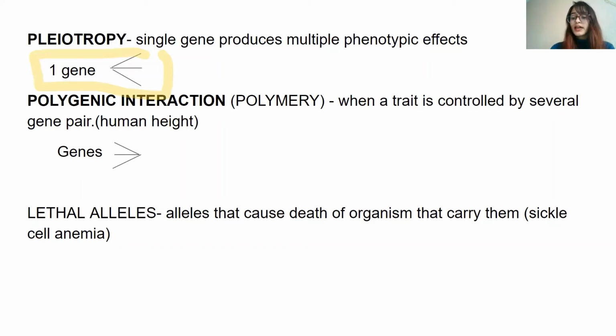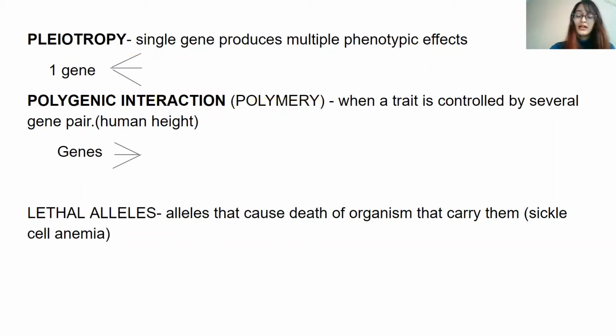And polygenic interaction, or how it is mentioned in Krok, polymery, the name itself suggests polygenic. Many genes control the expression of a trait. And lethal alleles cause the death of the organism that carries them, like sickle cell anemia.